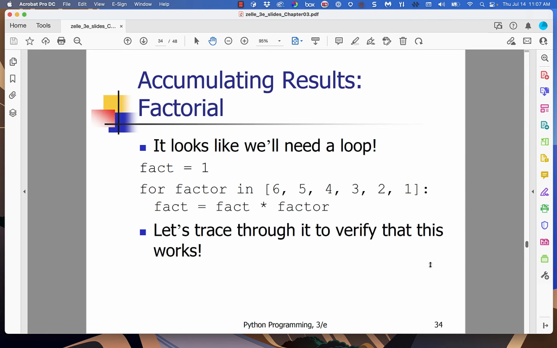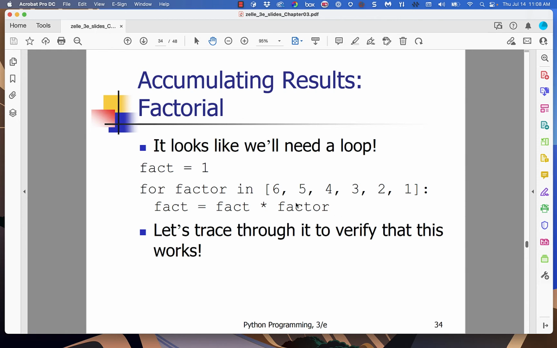That's why I'm not too crazy that we're doing this example in the textbook and in the slides with multiplication. So he says for factor in 6, 5, 4, 3, 2, 1. This is a list of values that the index variable factor is going to take on. And then we say fact gets assigned fact times factor. So fact is the accumulator.